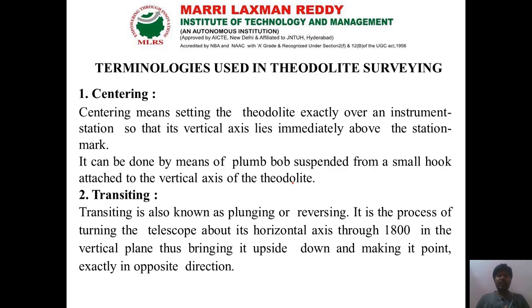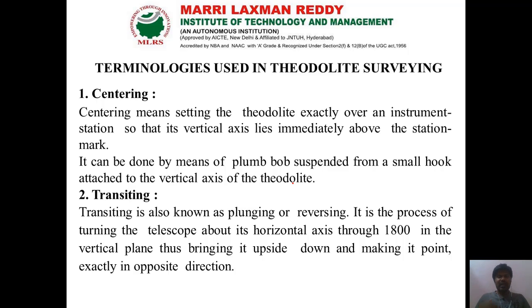Next, terminologies used in theodolite surveying. The first one is centering. Centering means setting the theodolite exactly over the instrument station point so that the vertical axis of the instrument lies immediately above the station point or station mark.